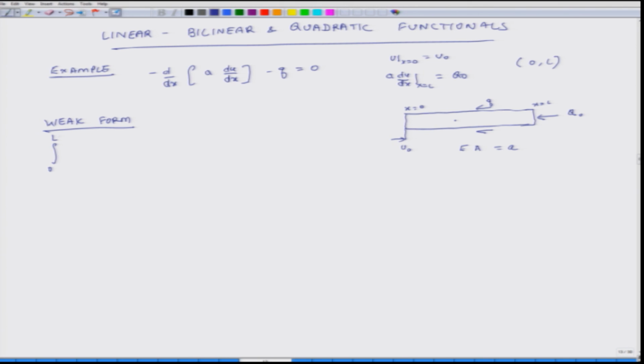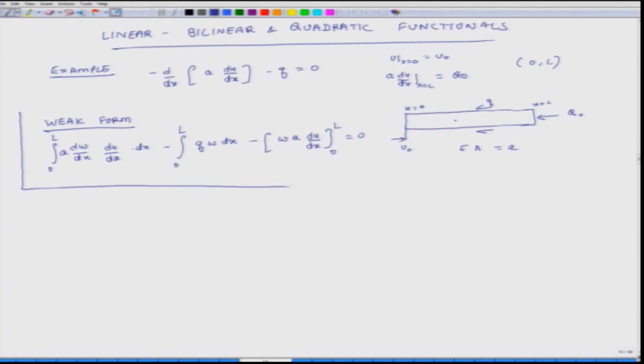So, the weak form is the integral from 0 to L of dw over dx, du over dx, A, minus the integral from 0 to L of q w dx, minus w A. For this particular problem, this is the weak form.